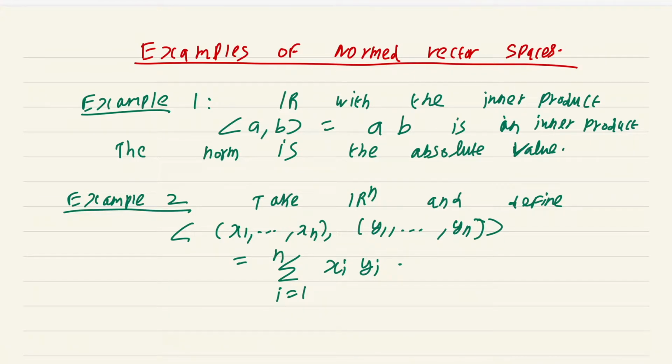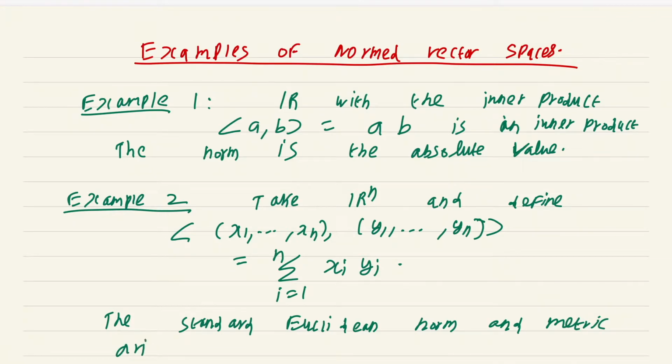The fact that this is an inner product is rather easy to see, and you can see that the standard Euclidean norm and metric arise from this inner product.